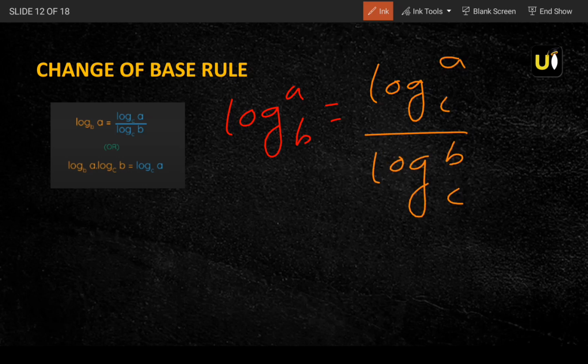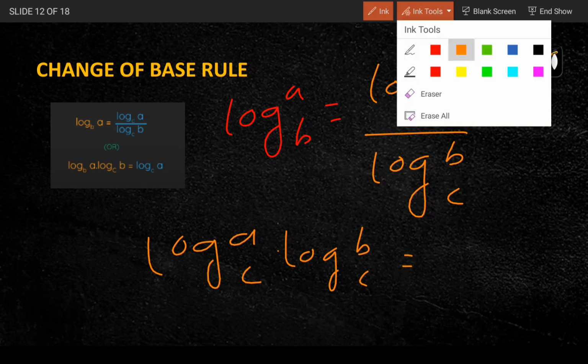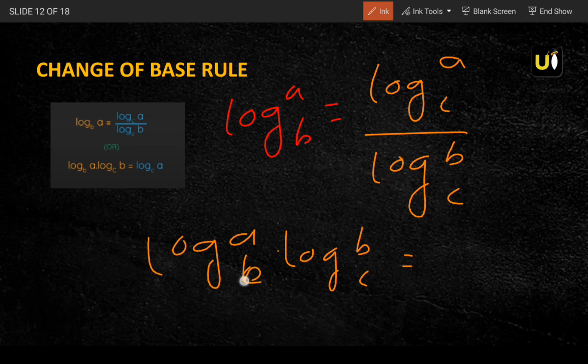And similarly, if you are given log a to the base c into log b to the base c, then you can write it as, sorry, it's b, then this can be written as log a to the base c. Check the bases properly.